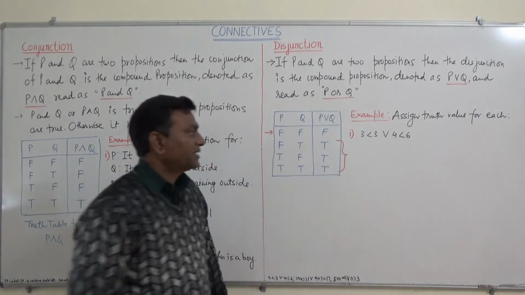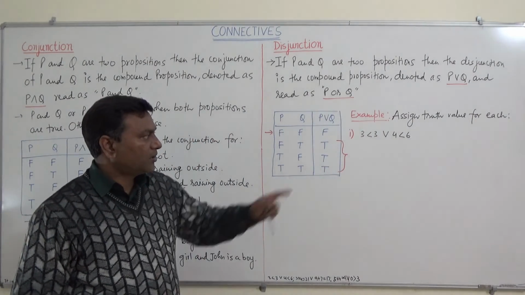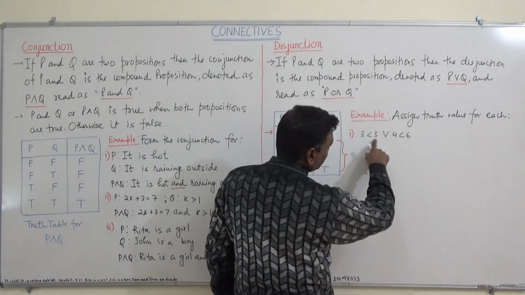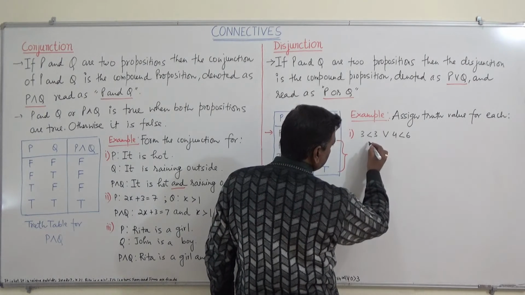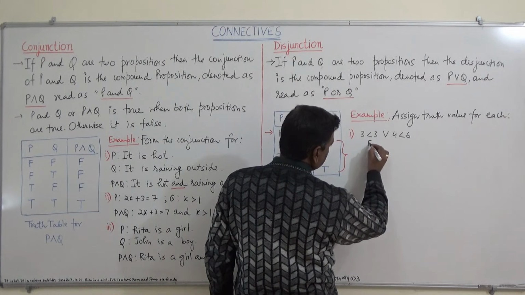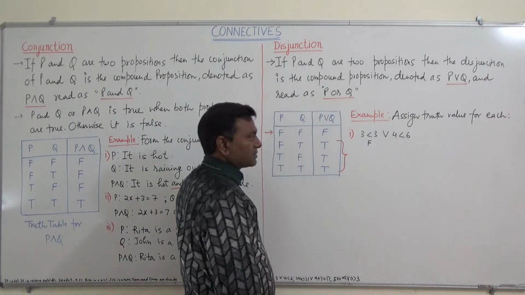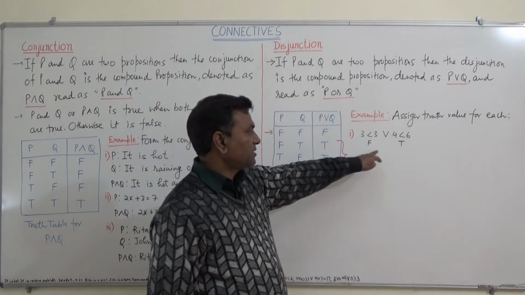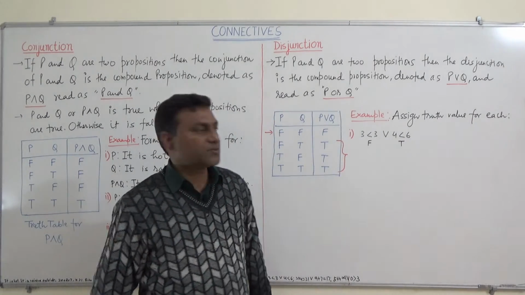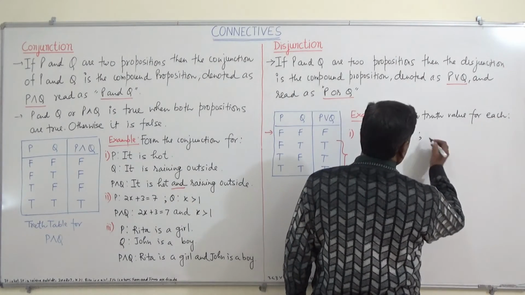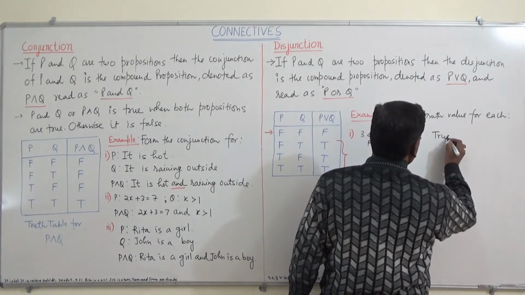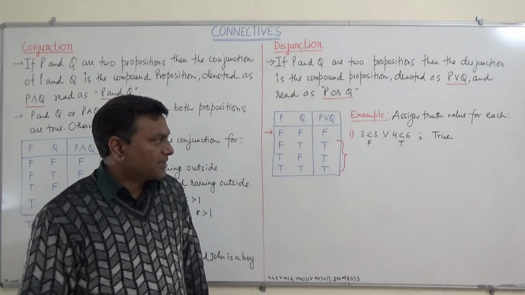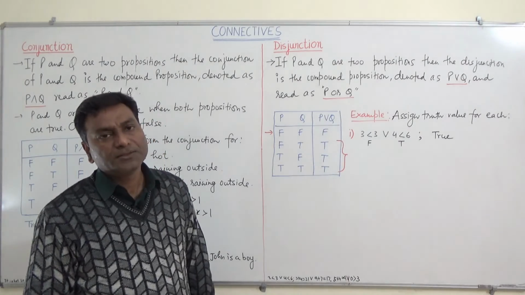So 3 is less than 3, this is false, and 4 is less than 6, this is true. When this is false and this is true, at least one proposition is true, then we can say this will be true. So for this particular example, this will be true.